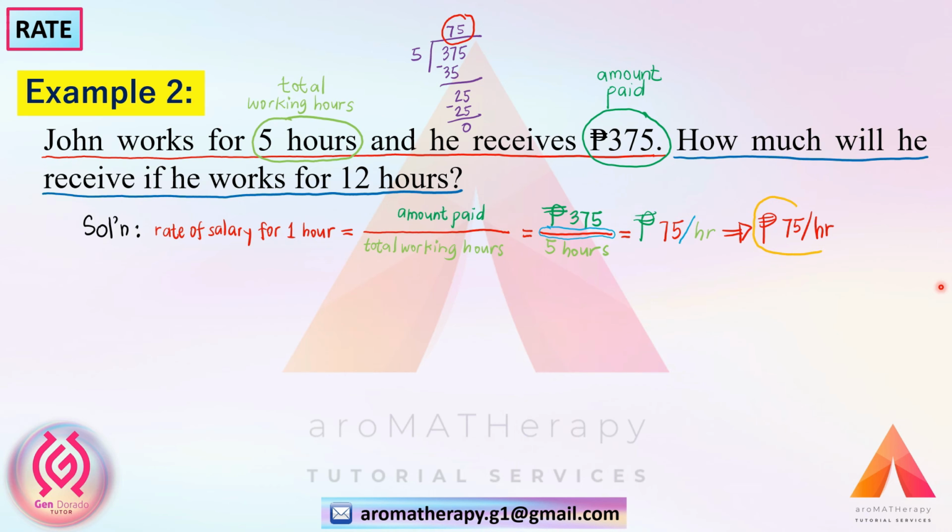Okay, multiply 75 pesos per hour and 12 hours. So you write, 75 pesos per hour times 12 hours.